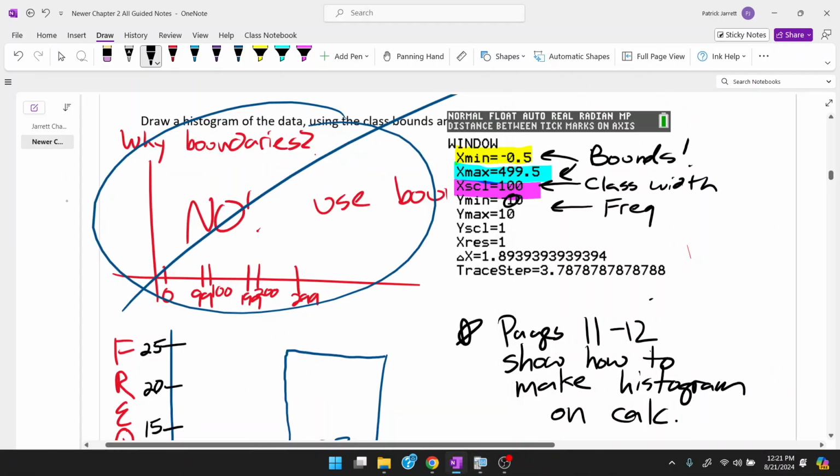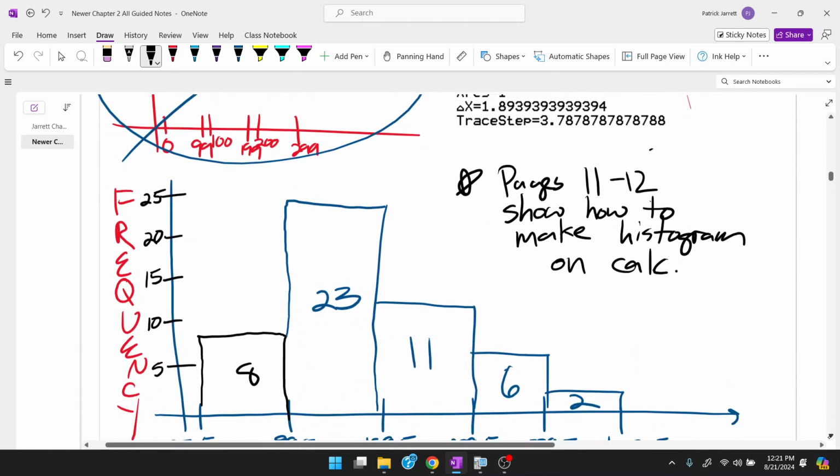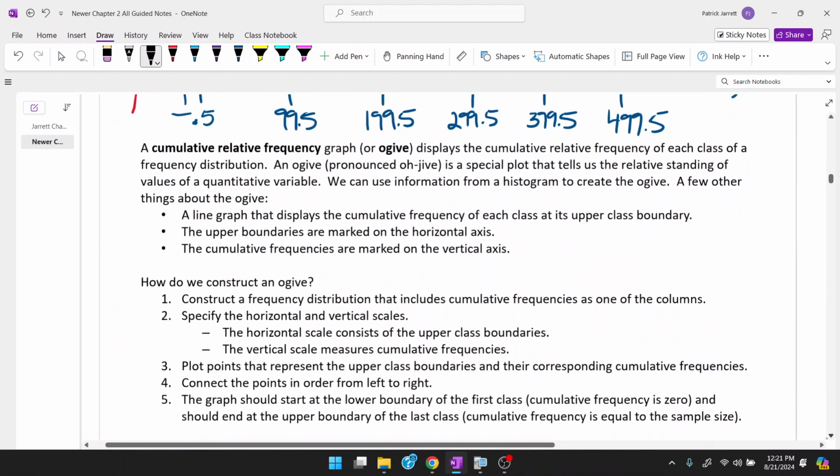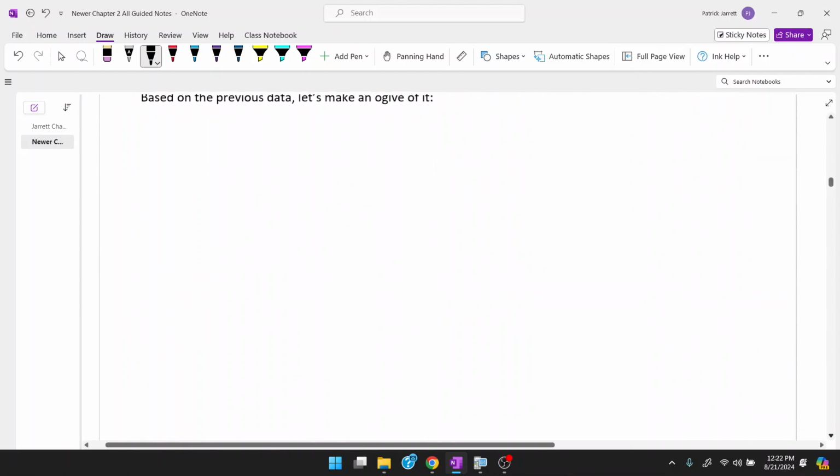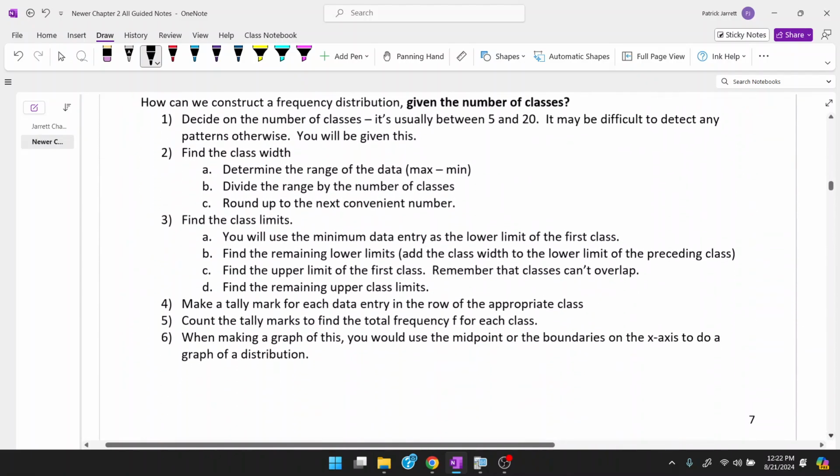Now, we're going to continue on with this data. We're actually going to go to page 7, the bottom of page 7. There's a second way to make a histogram.